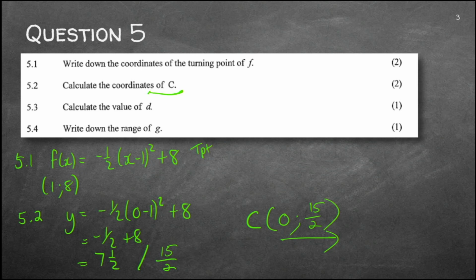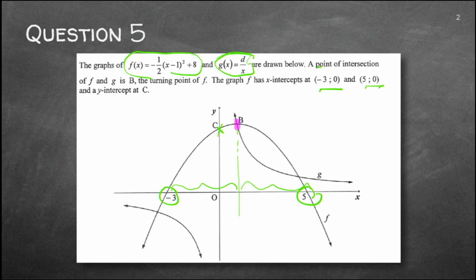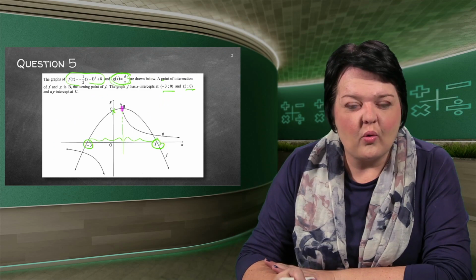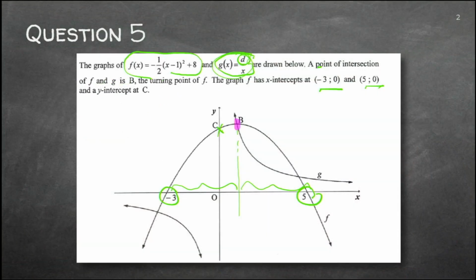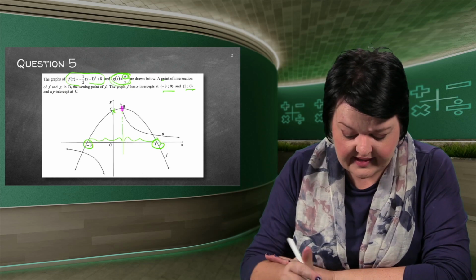Now they're asking me for the value of d, meaning if we go back to the question, we actually need to determine this equation. Now, very important, d or a or anything that we need to calculate which is exactly in that place that indicates the shape, we can only calculate that with another coordinate.